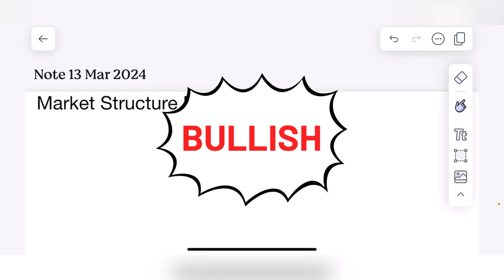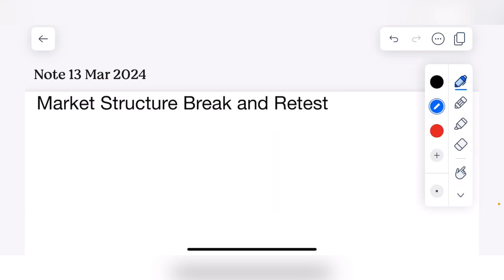All right, so after identifying the structure, whether it is a bullish or a bearish market, and then waiting for the break of that structure and the market coming back to retest, there are signs that need to be shown before you can proceed with the entry. Let's go to a bullish market and see how it works.